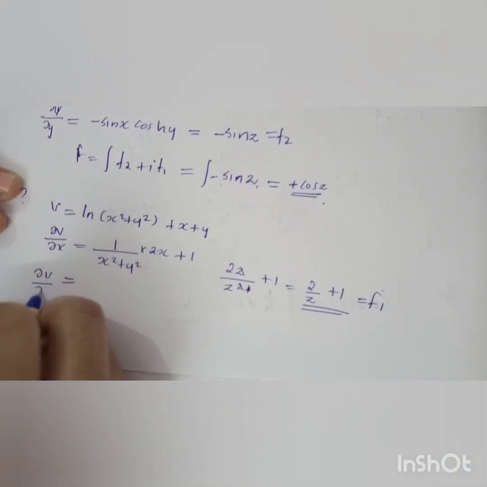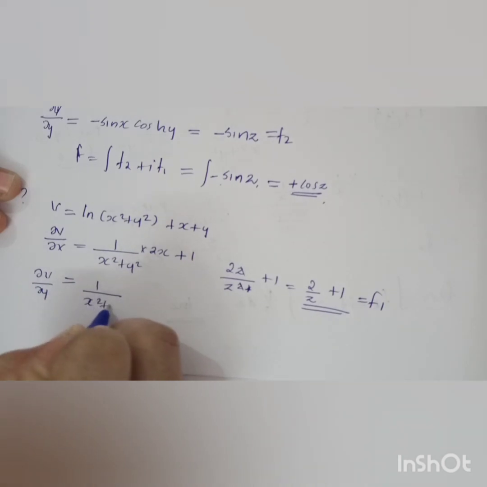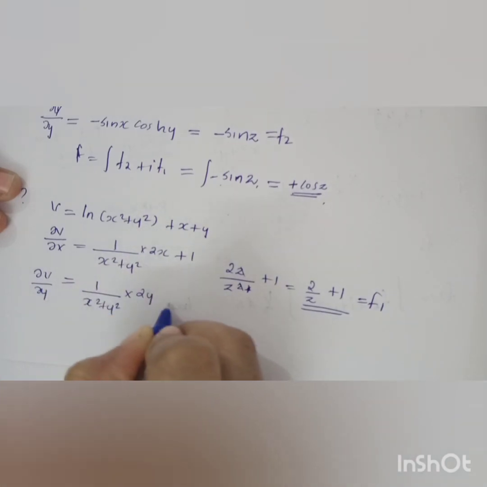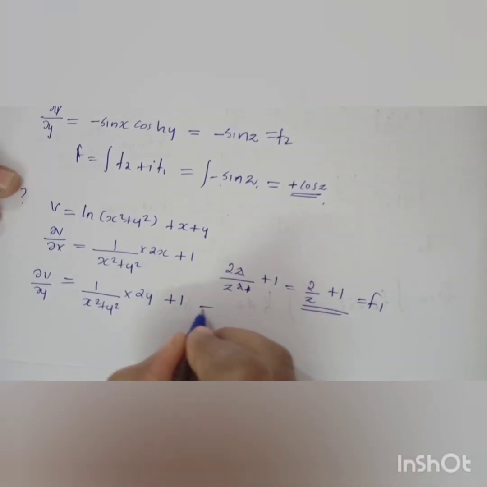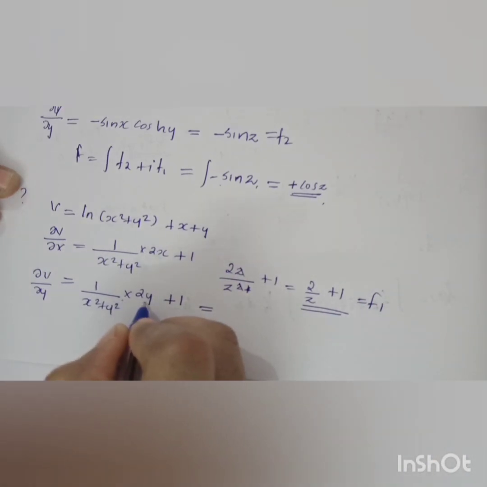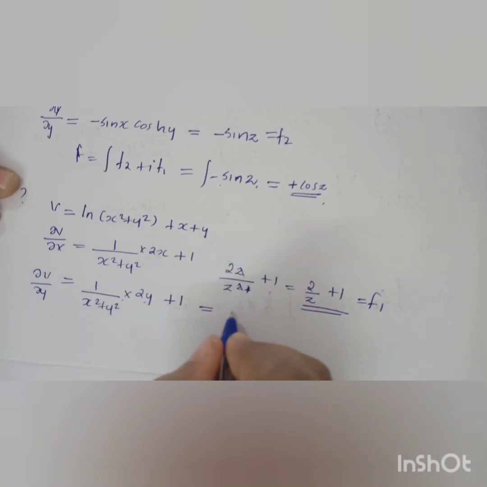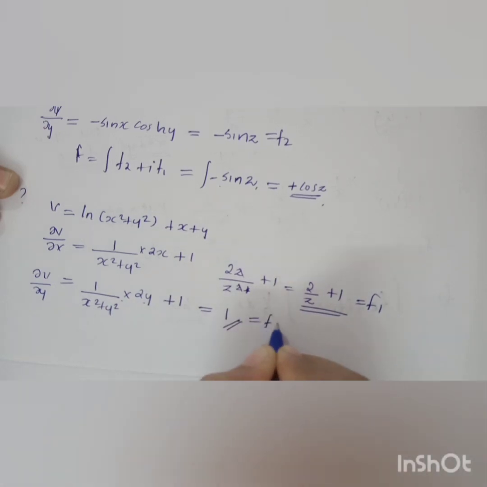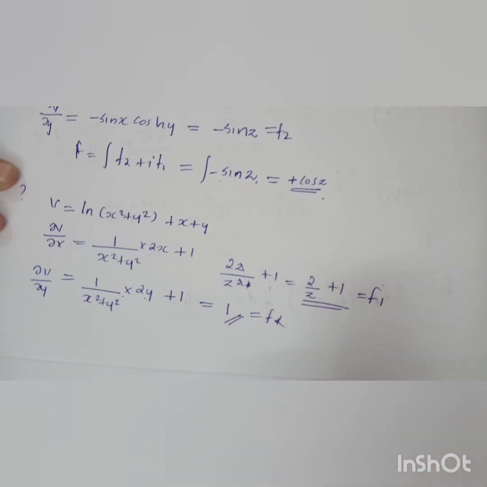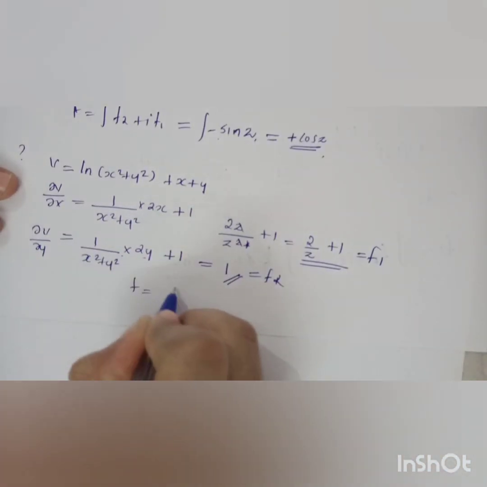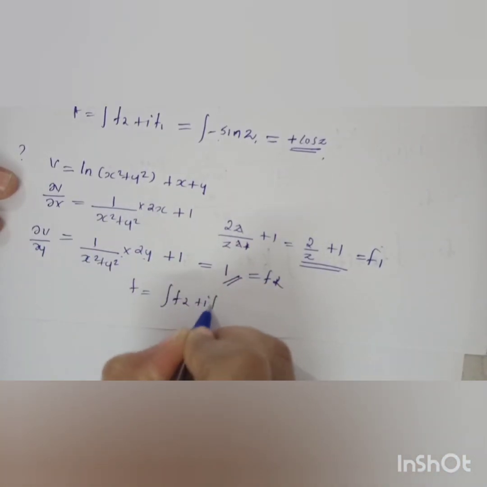f2, that is dou v by dou y, that is 1 by x square plus y square into 2y plus 1. So that is 2y, y is equal to 0 only, so 0 by something is equal to 0 only, so f2 is equal to 1. So the function f is equal to integral f2 plus i f1.